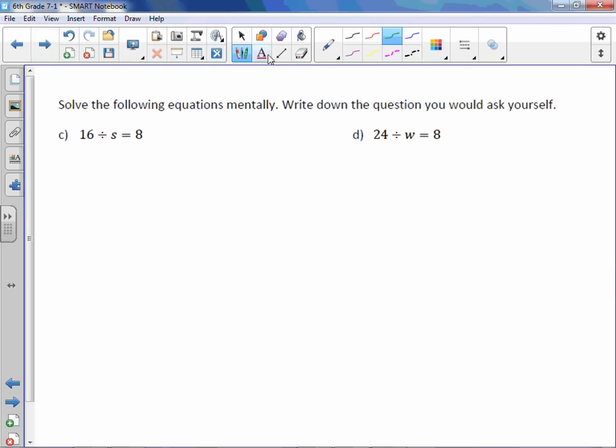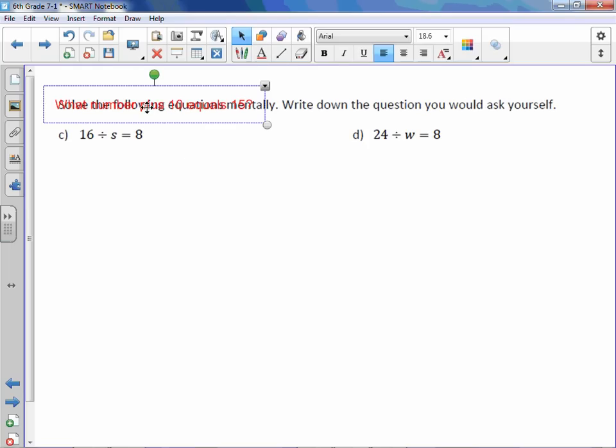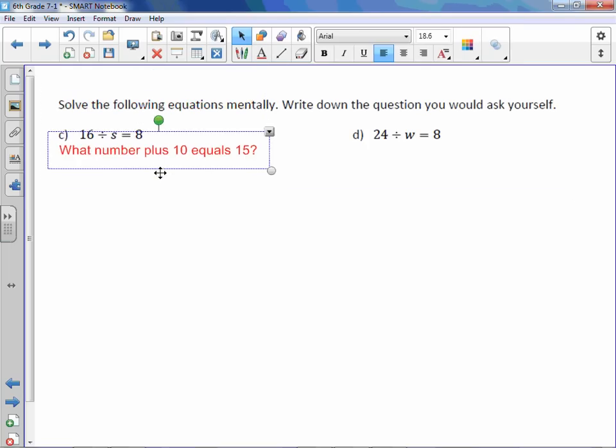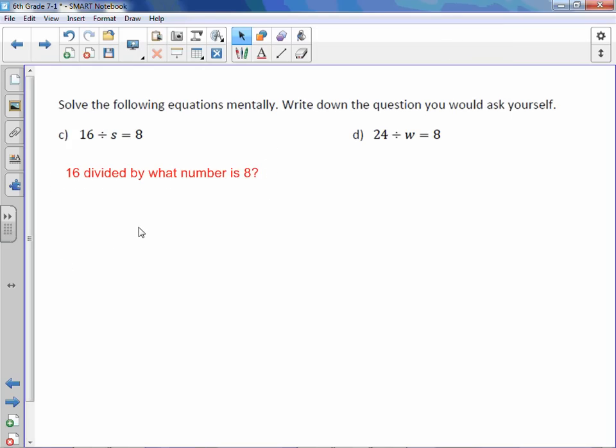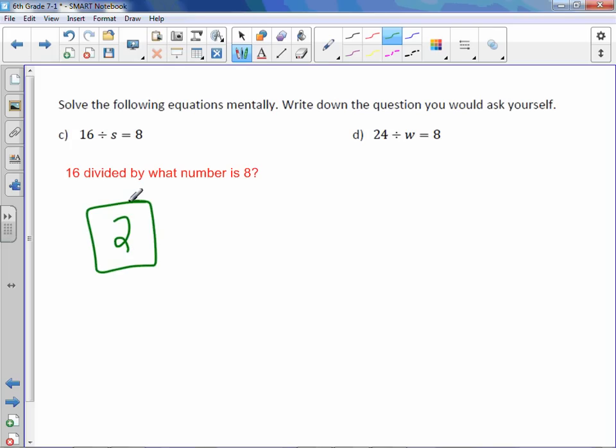Solve the following equations mentally. Write down the question you would ask yourself. So what we're asking ourselves here is, 16 divided by what number is 8? Well, tell me, 16 divided by what is 8? Well, 16 divided by 2 is 8.